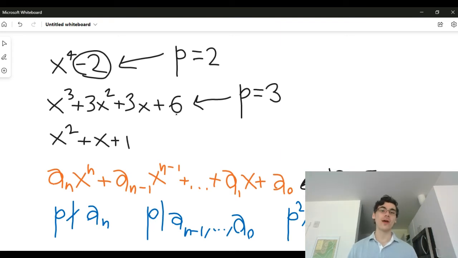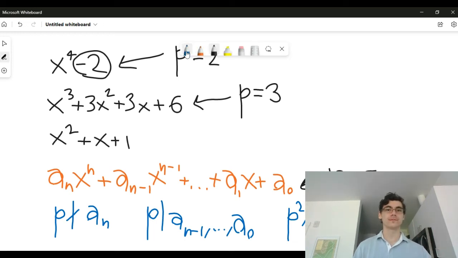But if I do 3 squared, 9 does not divide this last coefficient because it is too small. Okay, and so I know that this one is irreducible. So far I have this guy, I have this guy.